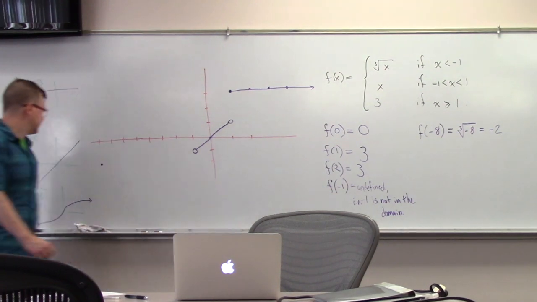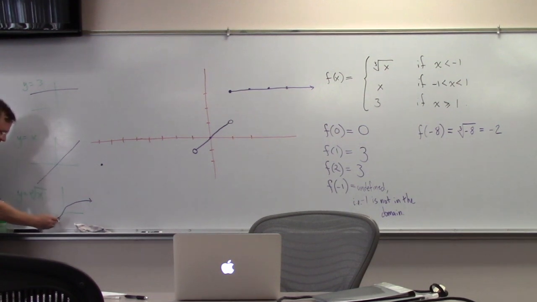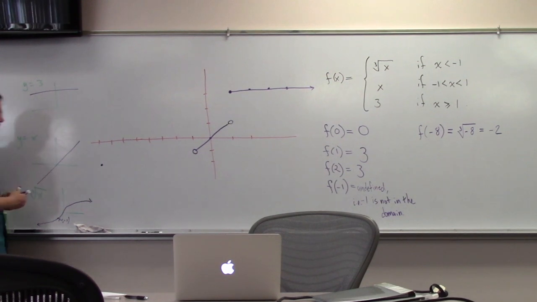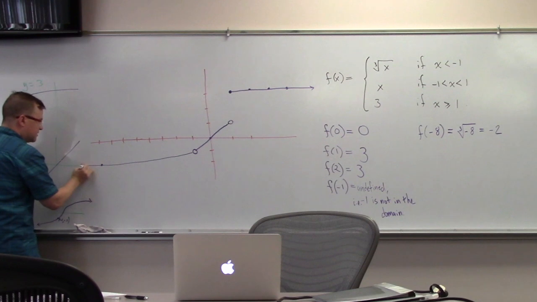So what I'm about to draw is going to look identical to what you see over here, but only up to a point. So notice that -1 comma -1 is a point on that graph. The cube root of -1 is -1. So I'm pretty sure the graph is going to look like a straight line, but it's technically a curve right there.